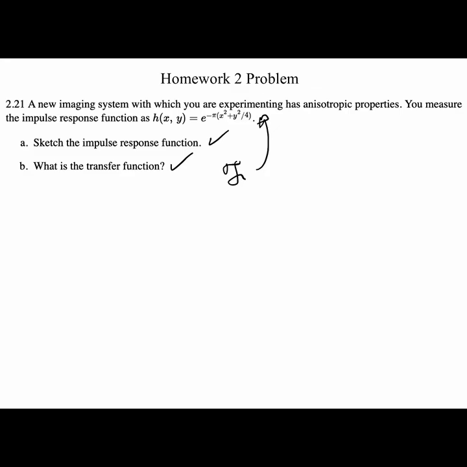So you want to take advantage of things like separability and scaling. Okay? So that's some things to think about there. And once again, if you do that, the problem is only 1 or 2 lines. Okay.